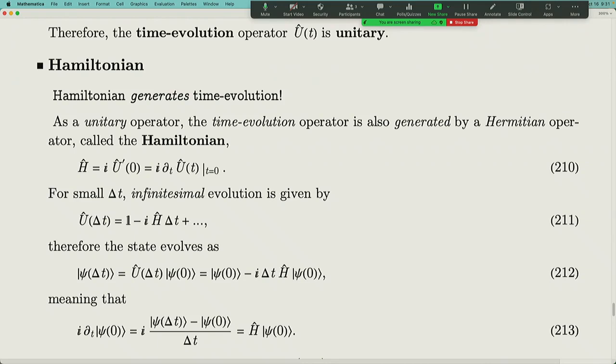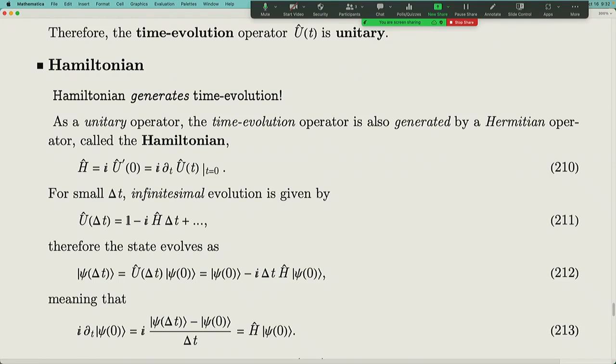So as a unitary operator, the time evolution operator is also generated by a Hermitian operator called the Hamiltonian, and the Hamiltonian can be extracted from the unitary operator by using this time derivative trick we just mentioned above. You start from the unitary evolution and consider infinitesimal evolution, which is described by the first order time derivative of this unitary operator, taking the value at t equals 0, and that basically gives you the Hamiltonian.